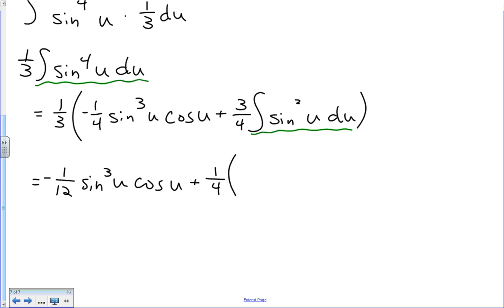And again, now I'm replacing the integral of sine squared with another iteration of this reduction formula. So according to the reduction formula, we get a negative 1 over n. Now again, n is equal to 2 this time.